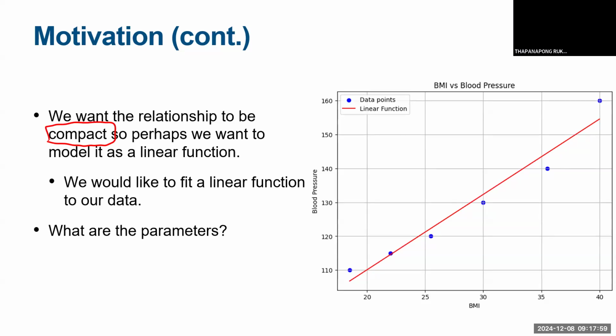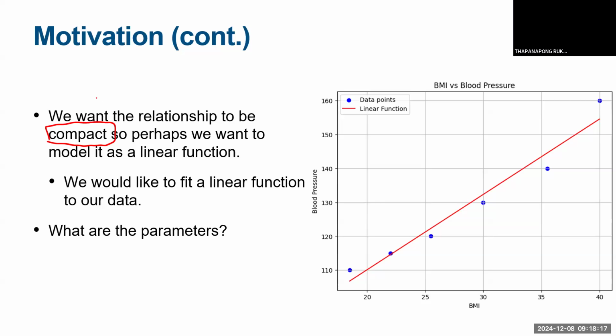So the algorithm to detect the face is really fast, but the algorithm that is implemented before you can actually detect is really slow. So we want the relationship to be compact.